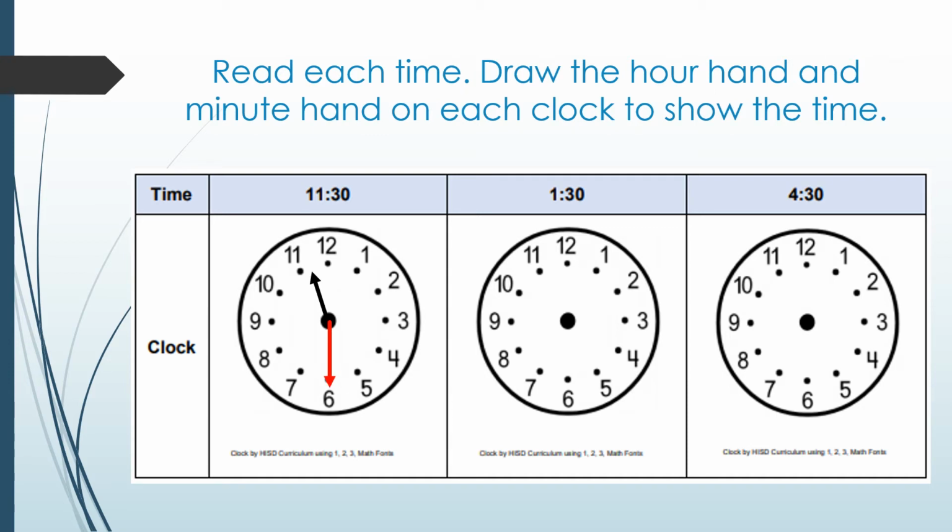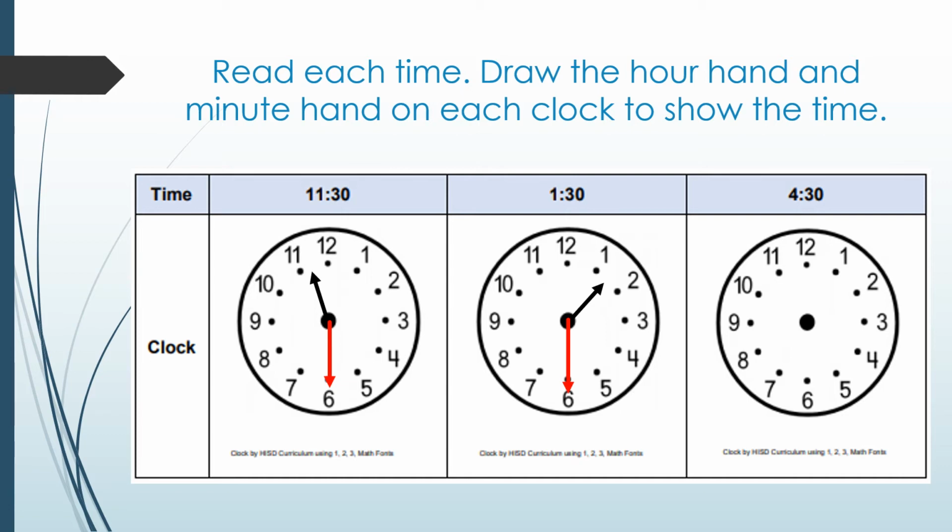So now this analog clock reads the same time as 11:30. Our next digital time says 1:30. Again, we know 30 minutes is half past, so that minute hand will be at the 6. And we have to look at our hour, which is at 1 o'clock, so we know it'll be halfway between the 1 and the 2, with our minute hand right at the 6.